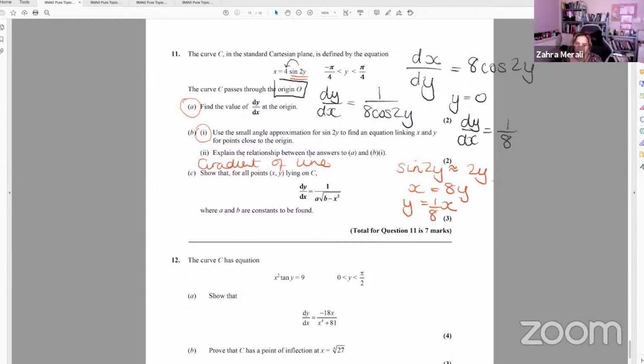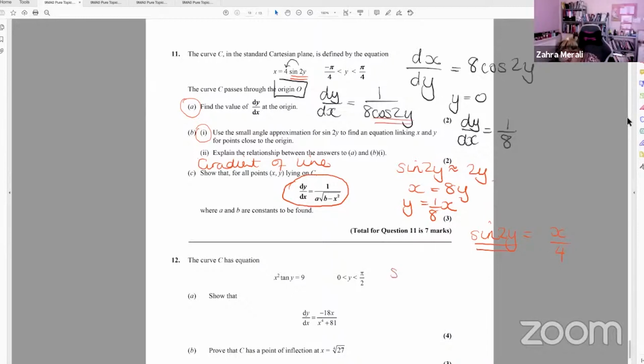Now this comes up a lot. Here you've got to use your trig identities to rearrange that differential. Even though school may have said to you, oh, it's a differentiation test, remember you still need all of this other stuff. So first thing to do is to make sine 2y the subject of the formula. So sine 2y is the same as x over 4. Then I'm going to say to myself, what's the connection between sine 2y and cos 2y?